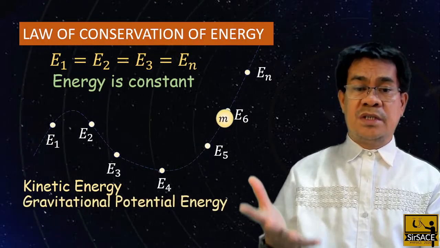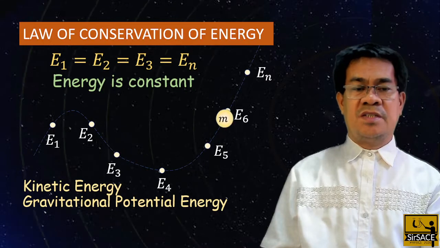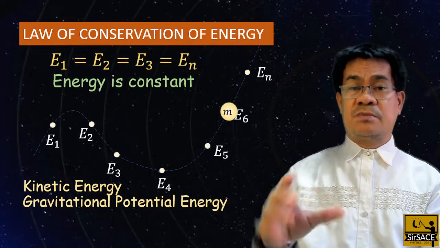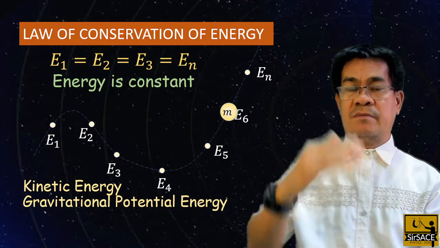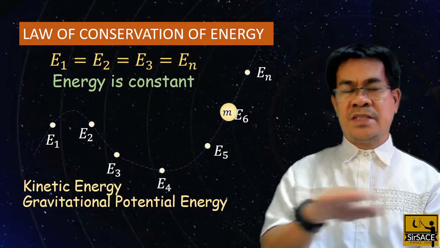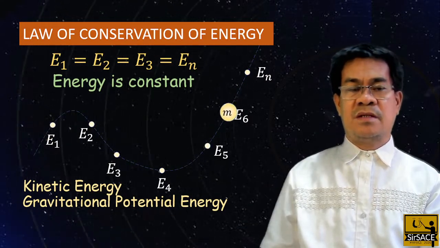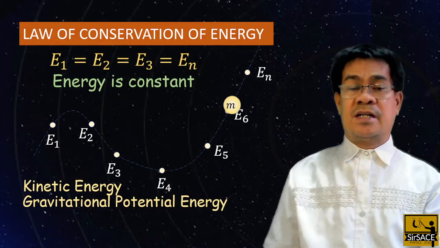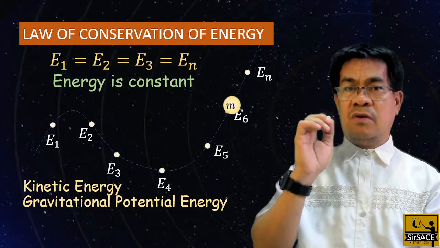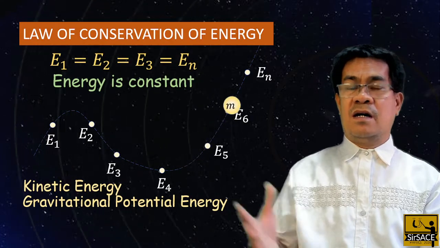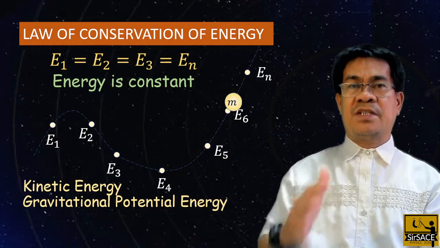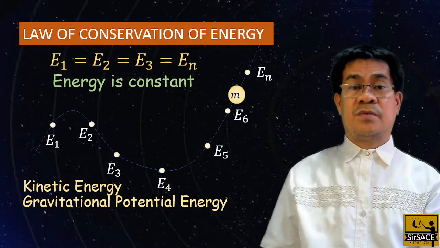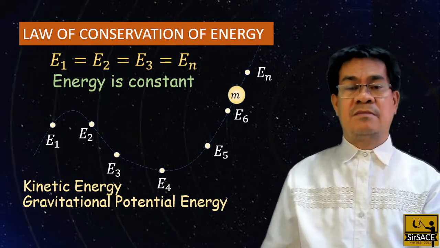We have also the gravitational potential energy. This energy is possessed by the vertical separation of the object away from the reference line. The reference line is always the horizontal, and the height should be the vertical, which means that all particles have the gravitational potential energy with respect to that level.